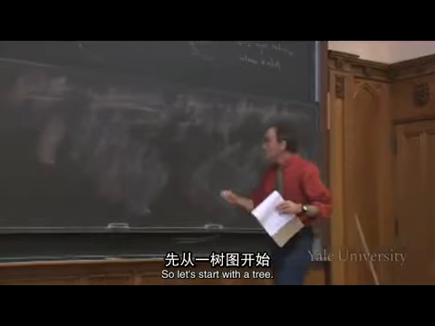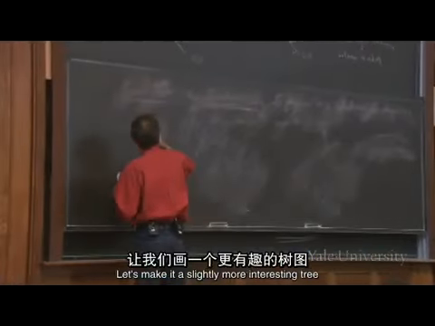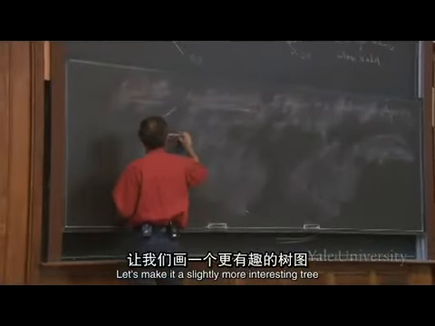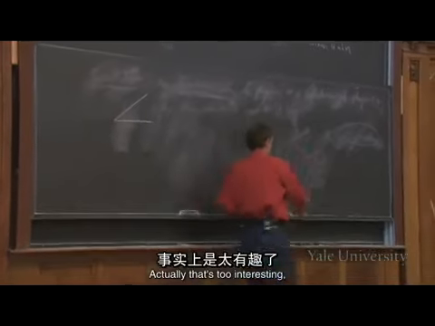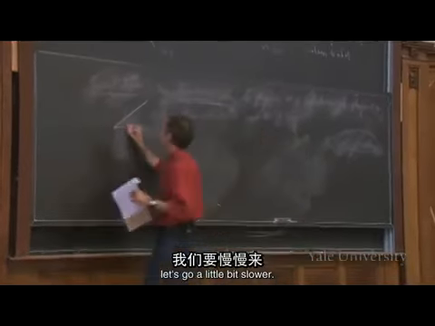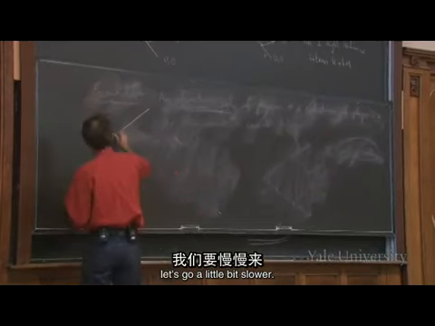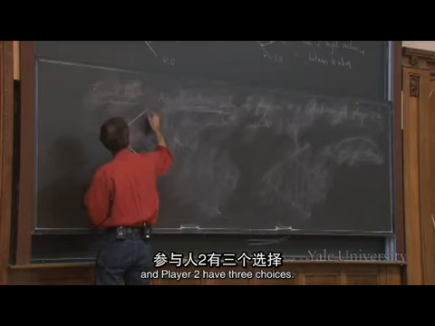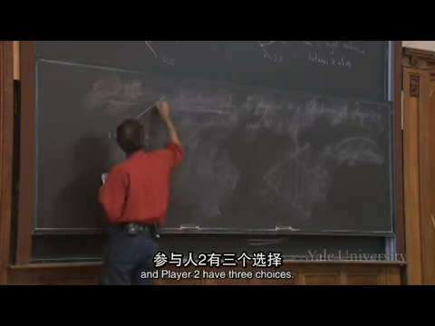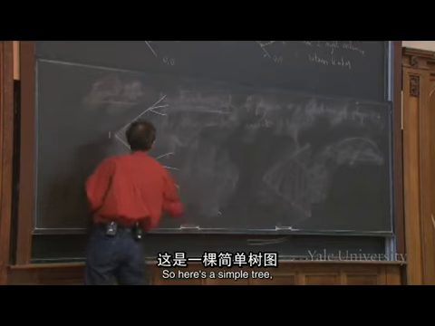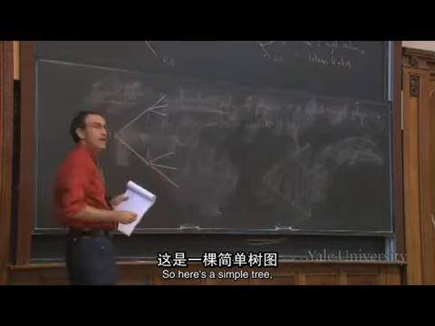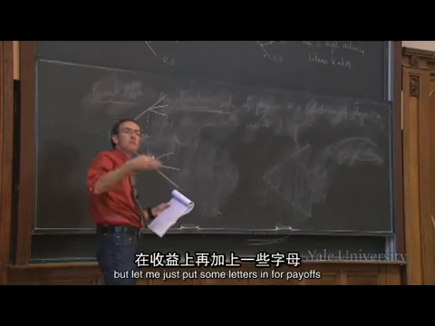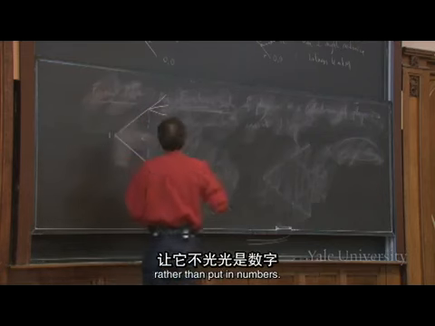So let's start with a tree. Let's make it a slightly more interesting tree than the one we've seen before. Actually, that's too interesting. Let's go a little bit slower. So let's have player 1 have 2 choices, and player 2 have 3 choices. Here's a simple tree, and let's put some letters in for payoffs rather than numbers.